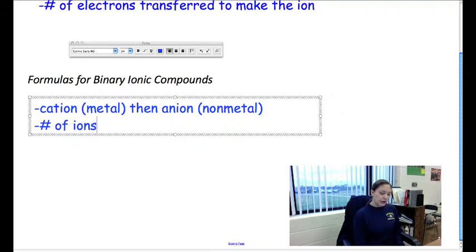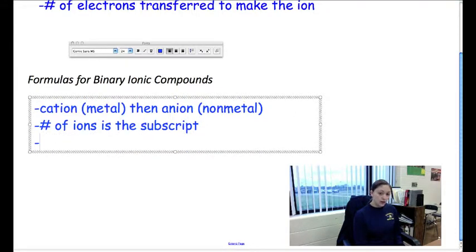The number of ions is the subscript. And your total charge should be 0. Whenever one loses, the other gains.